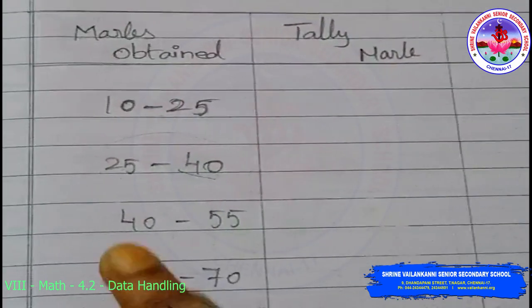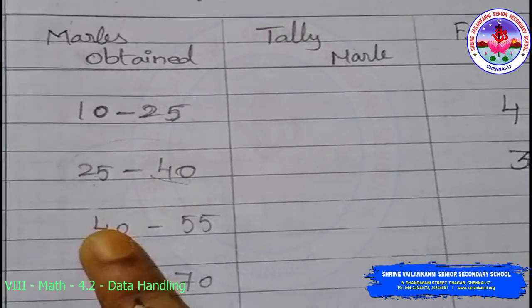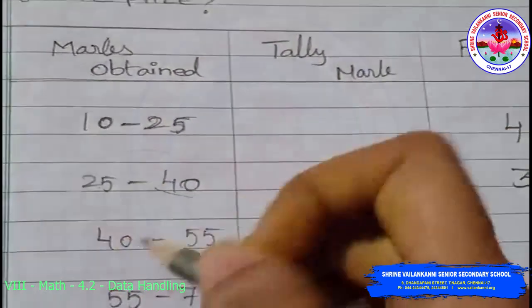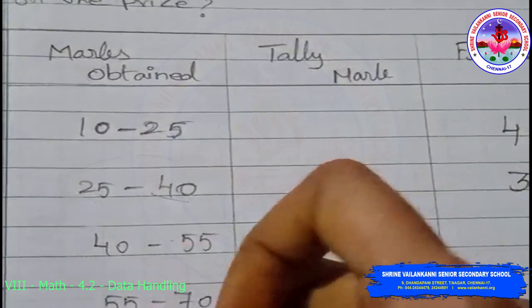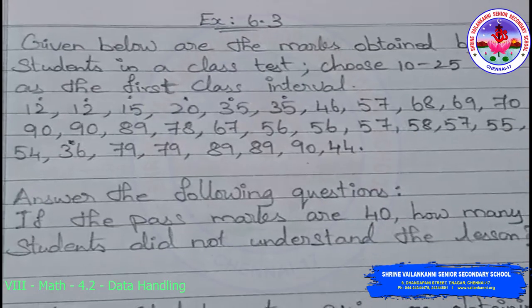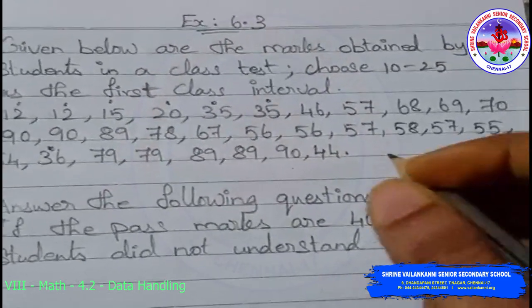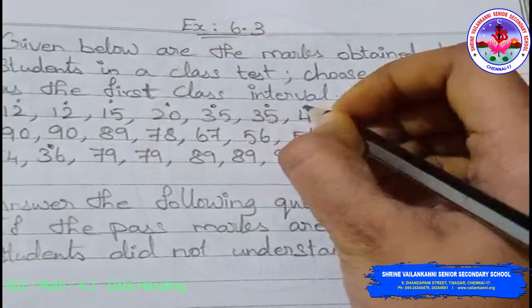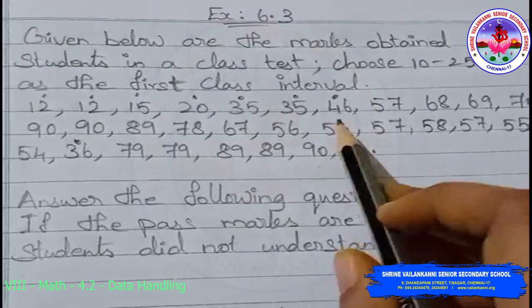The next class interval is 40 to 55. Here 40 to 54 only. The 55 is included in the next class interval. Now check 40 to 54. 1, in between the values 40 to 54 is 46.